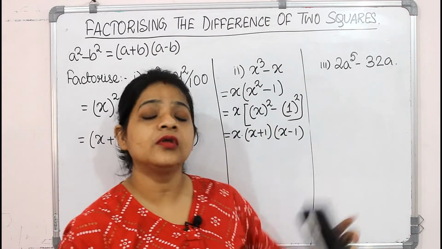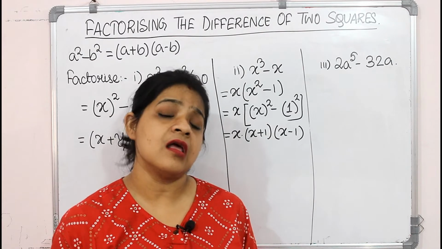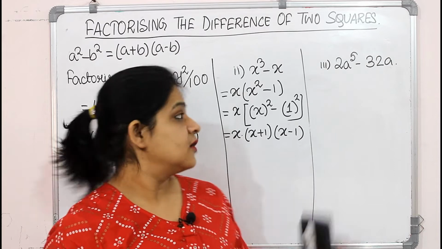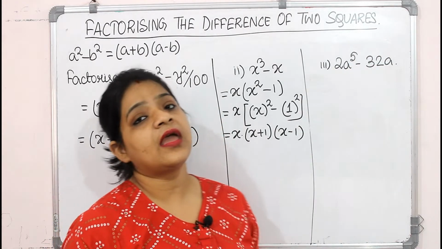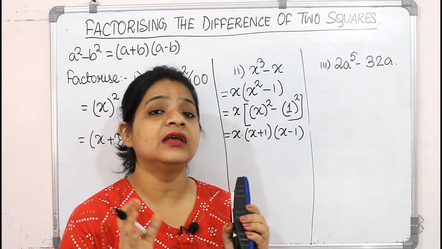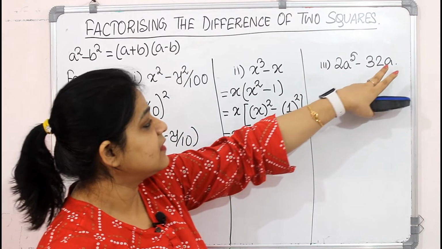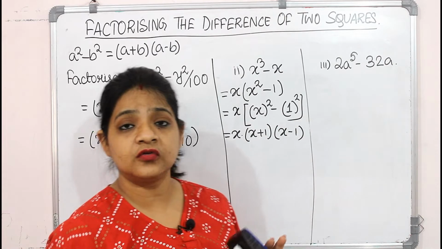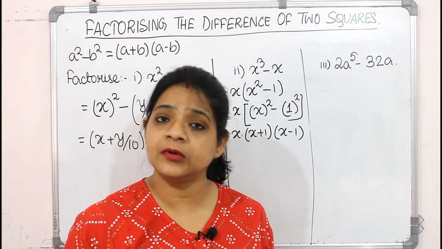Okay, so the third sum is 2a to the power of 5 minus 32a. What I have told you: first you have to identify whether the terms are squares or not. 2a to the power 5 is not a square, and 32a is not a square. So somehow you have to make it a difference of two squares. From this you can see that a is common to both terms, and 2 is there and 32 is divisible by 2.